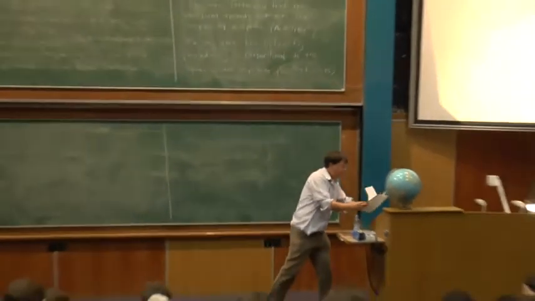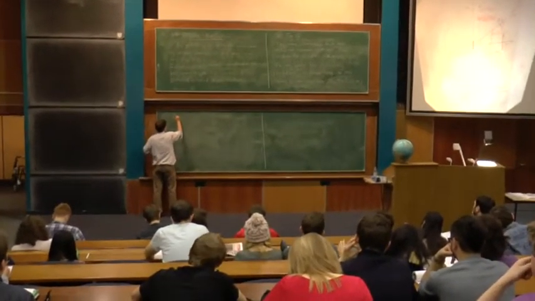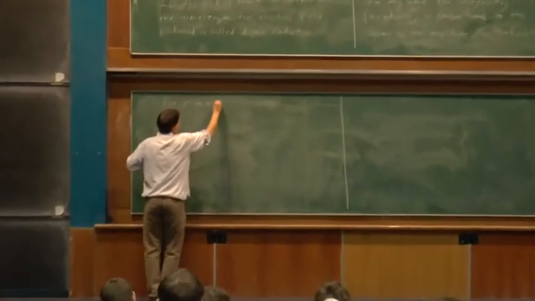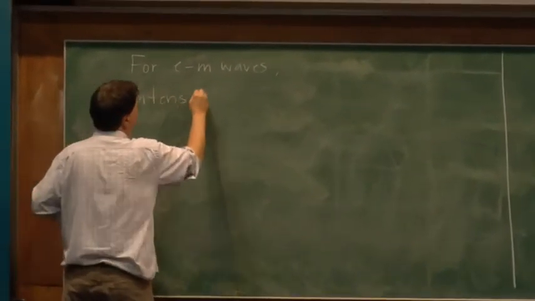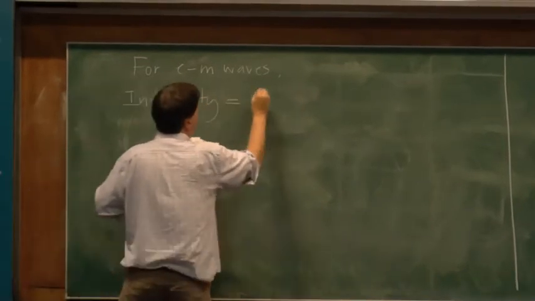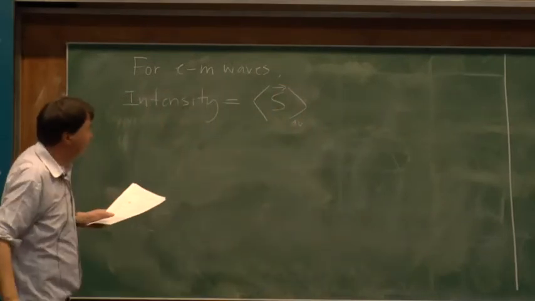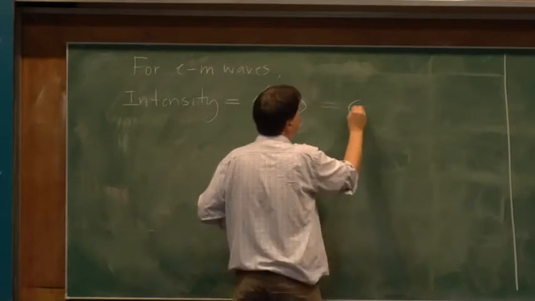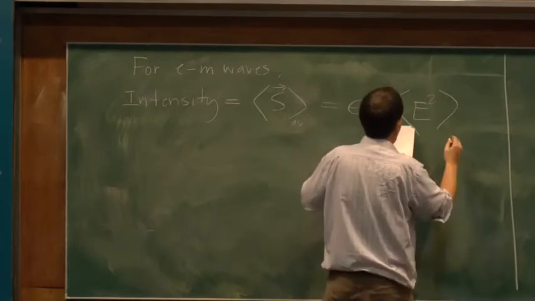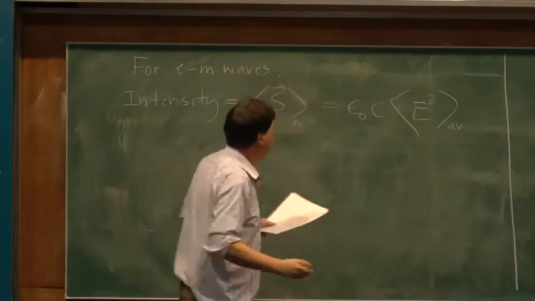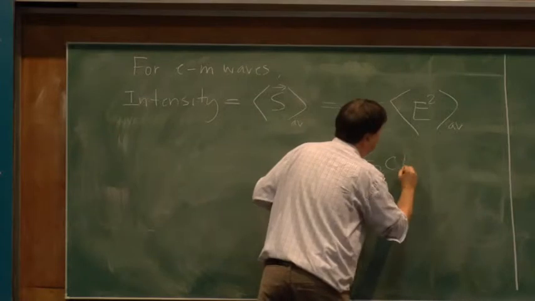So, for EM waves, again, this is also something I'm going to come back to later in the course. The intensity, this is now specifically for EM waves, is equal to, I'll define this symbol in a minute, it's actually what's called the Poynting vector, S, equal to epsilon naught c times the average of the square of the electric field vector, which itself is now equal to a half epsilon naught c E naught squared.